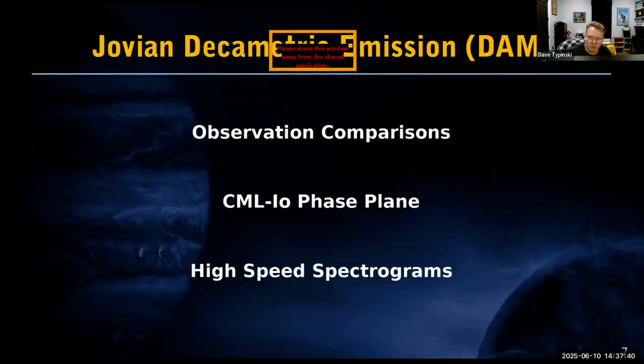And then we come to Jupiter. Jupiter's where my interest really lies. You can compare observations with other people. The CML-IO phase plane is some low-hanging fruit that you could do some good stuff with. And the same with high-speed spectrograms.